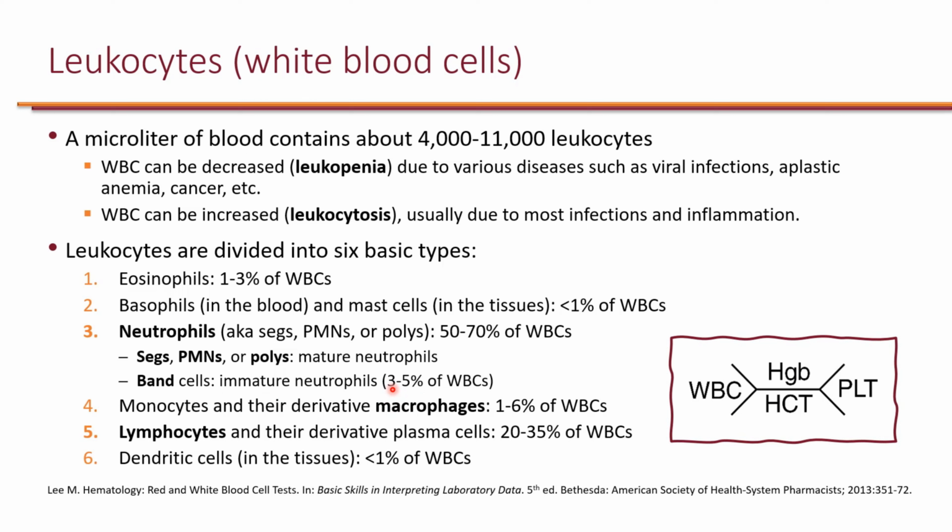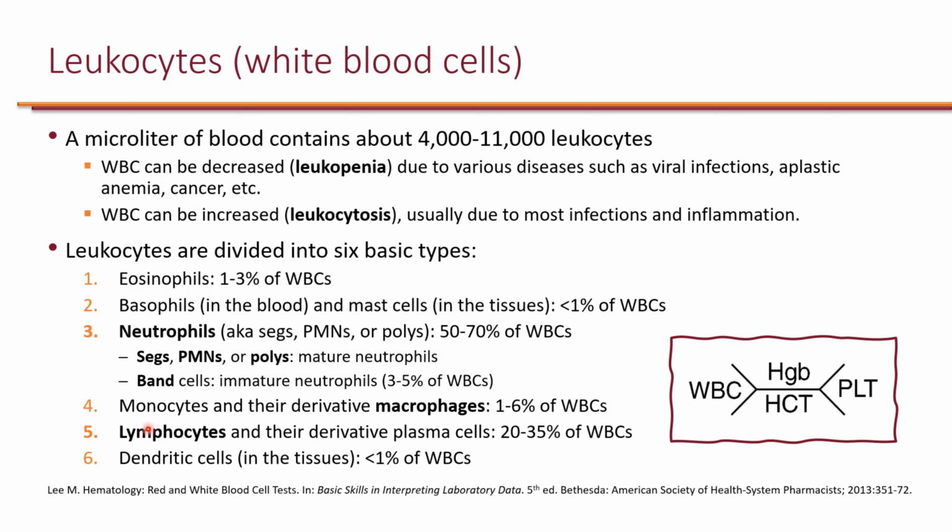So this percentage here is 3 to 5% of white blood cells are normally bands, and about half of white blood cells, 50 to 70%, are neutrophils. So this 3 to 5%, you can think of it as typically 6 to 10% of neutrophils. So if you see more than 10% of neutrophils as bands, that's typically clinically significant.